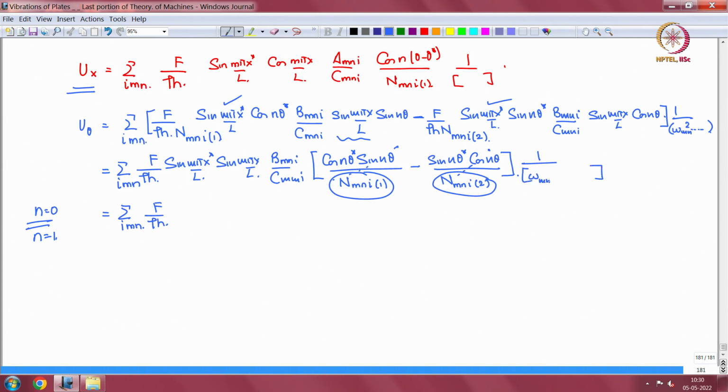So we'll bring the frequency term here, omega mn square minus omega square plus etc., sine m pi x star by L, sine m pi x by L, sine n theta minus theta star by n m n I first kind.